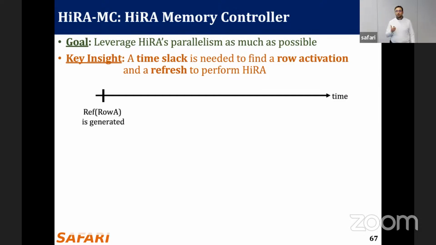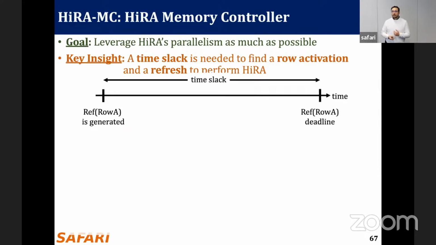And for that, what the HiRA memory controller does is, it generates a refresh request in advance, and it assigns a deadline for each refresh request. And there is a time slack between the time the refresh is generated and the time of its deadline. And within this time slack, there can be multiple activation commands happening.